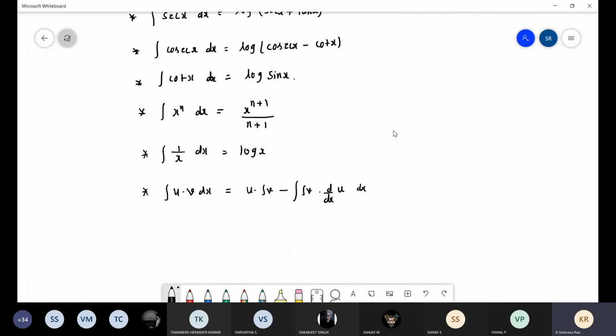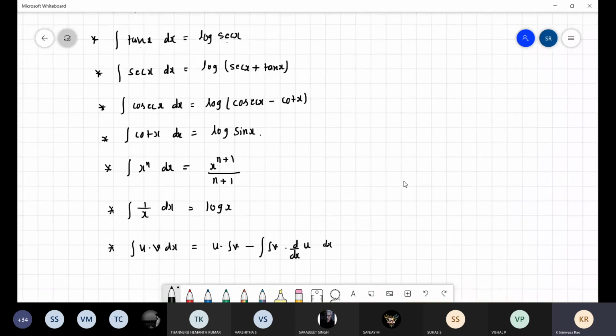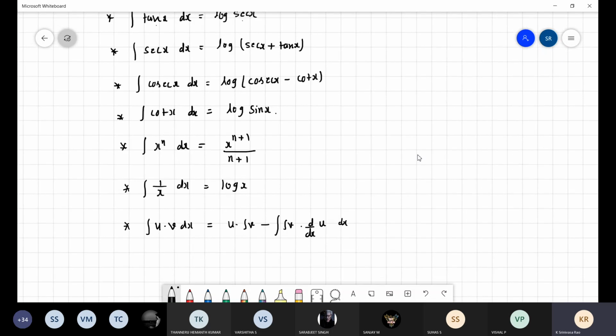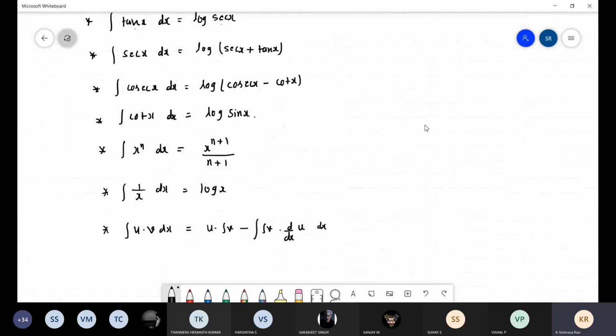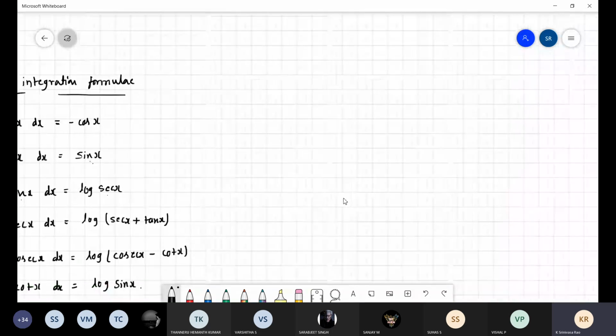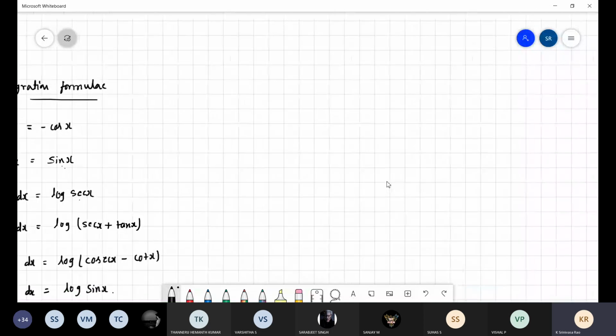Okay, so enough. If you can, leave some 3-4 lines extra, and if any other formula comes other than these, you can fill it in. Okay, so I will start the next heading. Actually we require that integration formula.